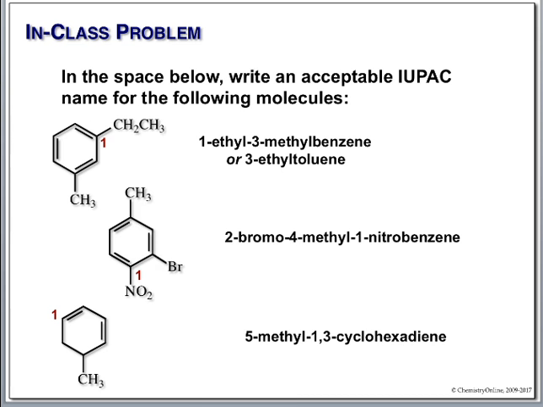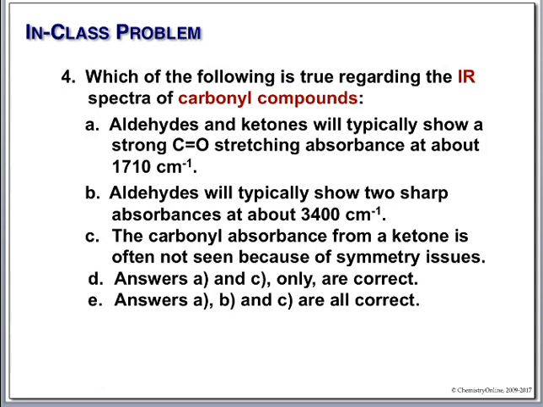All right, our first multiple choice question here. Which of the following is true regarding the infrared spectra of carbonyl compounds? Okay, carbonyl compounds, carbon-oxygen double bond. Selection A, aldehydes and ketones typically show a strong CO stretch at about 1710.